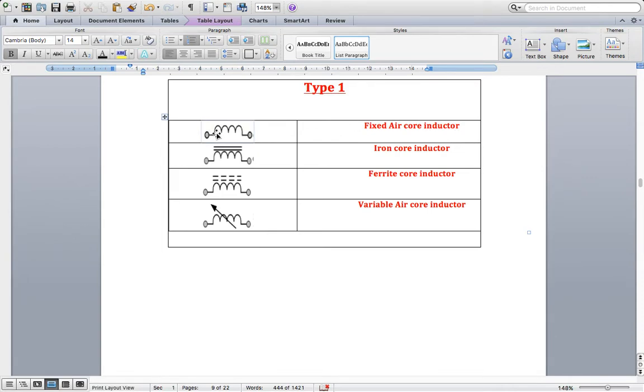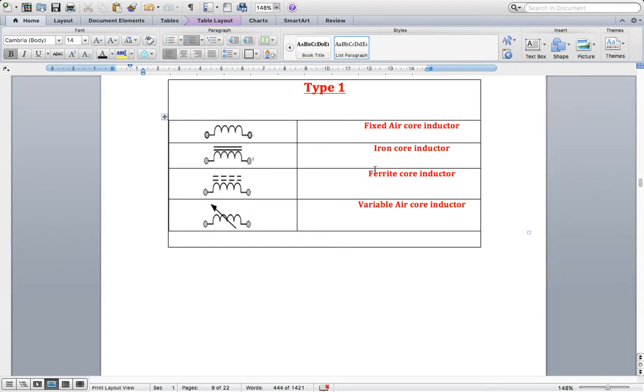So if it is just a symbol like this with the coil wound, it's a fixed air core inductor. If it is a coil with strong 2 lines on the top, it's iron core. It's very strong, so it's an iron core inductor. If the lines are dotted, which is not strong, it's called a ferrite core inductor.